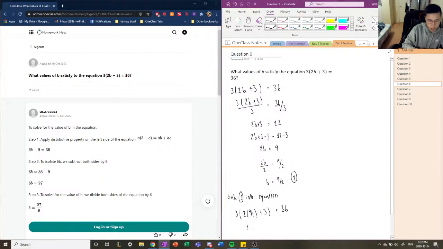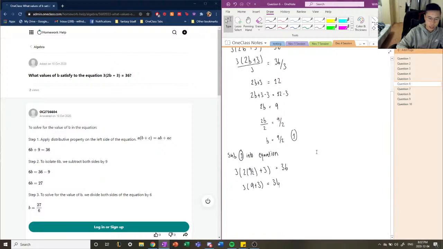Okay, so what do we get? We get 3 times 9 plus 3 equals 36, and that equals 3 times 12 equals 36. And we know that our left hand side and our right hand side are equal.